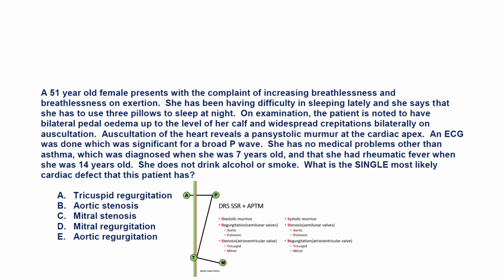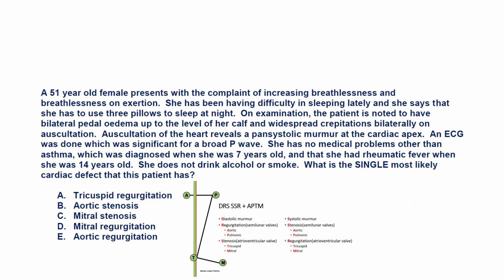Now you remember that the mitral area, that's the cardiac apex. That line gives the option. Now look at the image I added to the question. A systolic murmur, go under systolic, mitral, so we have a regurgitation. Mitral regurgitation, that's the answer.